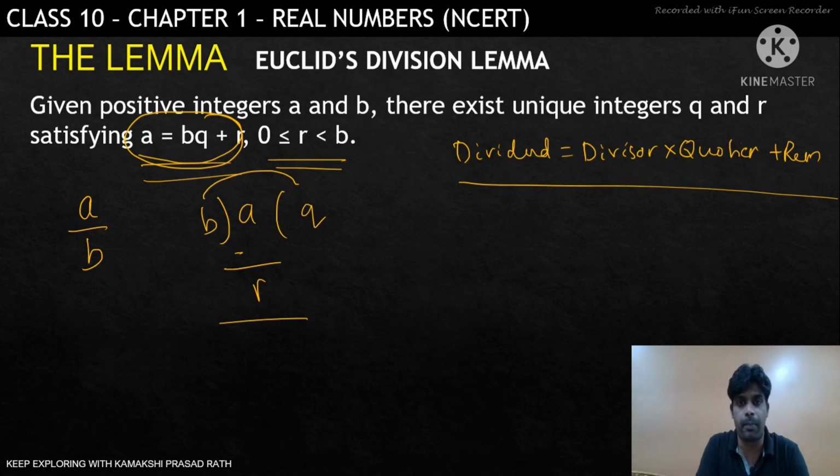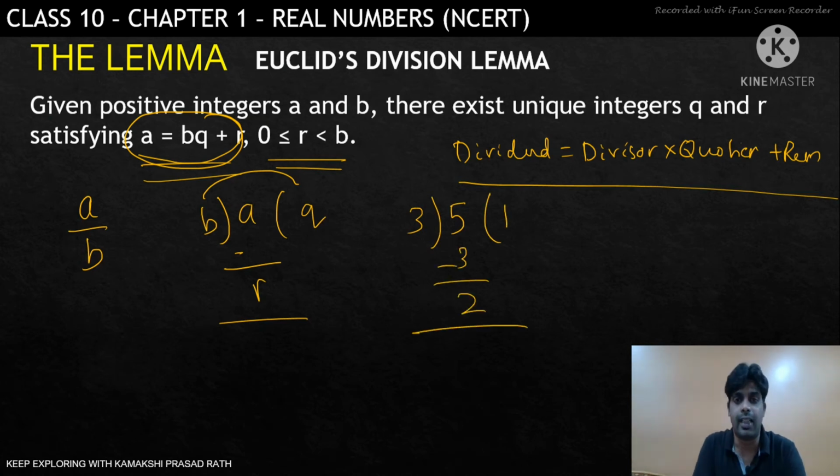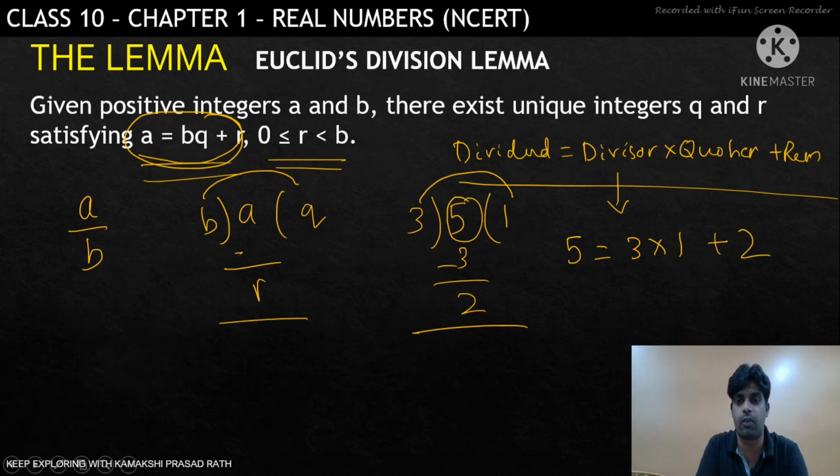Suppose I divide 5 by 3: 3 ones are 3, the remainder is 2. Using the division algorithm, 5 equals 3 multiplied by 1, that is divisor into quotient, plus remainder. 3 ones are 3, 3 plus 2 is 5.